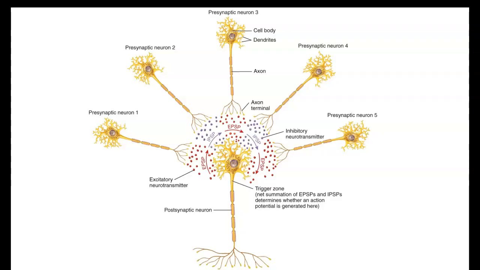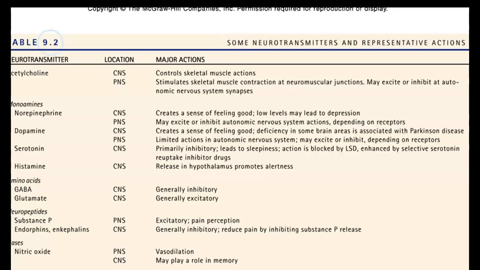And so with that, since you have more excitatory, they're going to be able to stimulate that trigger zone. And since you have more action potential coming in through there, it's going to be able to travel down that postsynaptic neuron. And so here it's going to be able to show you different neurotransmitters, and you can read about different things that they're going to be able to control and their locations.